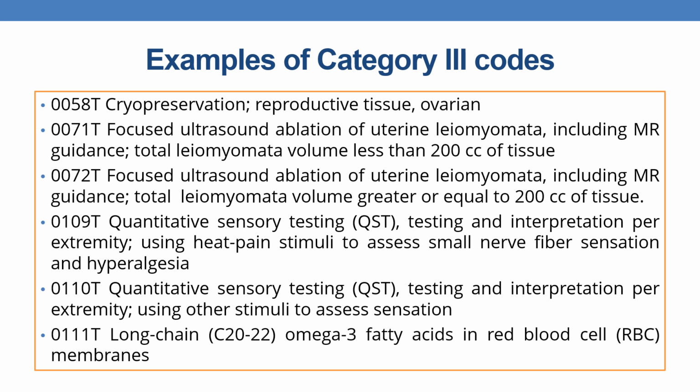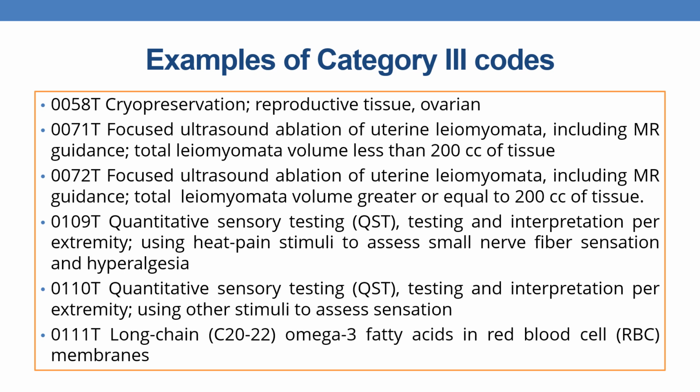0058T, cryopreservation, reproductive tissue, ovarian. The next is 0071T, focused ultrasound ablation of uterine leiomyomata, including magnetic resonance guidance, total leiomyomata volume less than 200 cc of tissue. The next is 0072T.